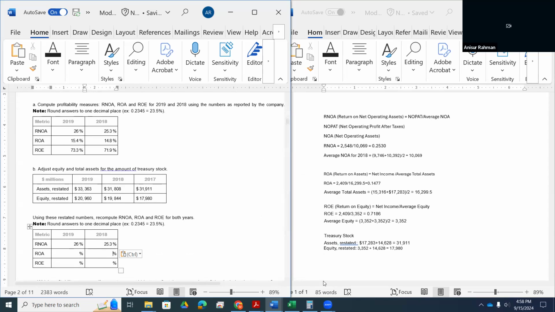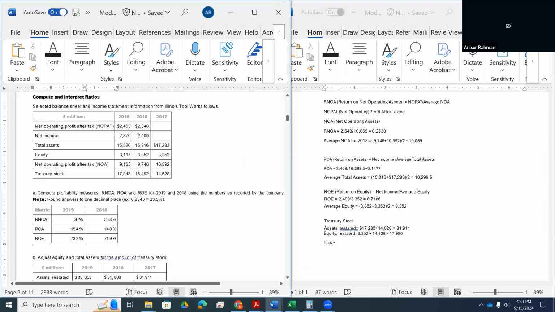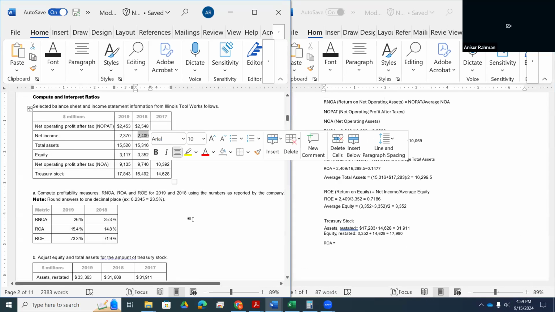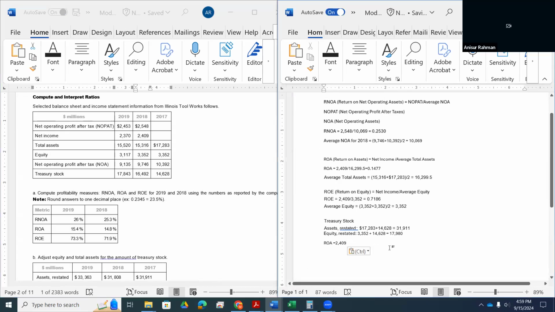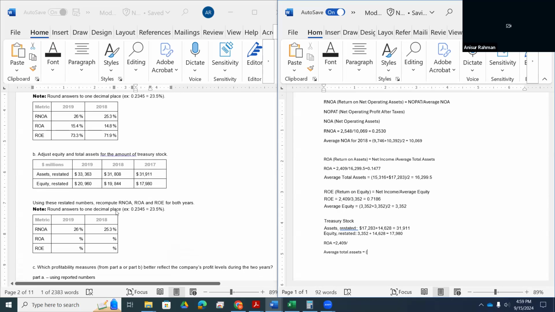Now, return on assets for 2018. So return on assets is net income over average total assets. Our net income for 2018, 2,409, divided by average total assets. Our assets changed, so we need to recalculate the average total assets.